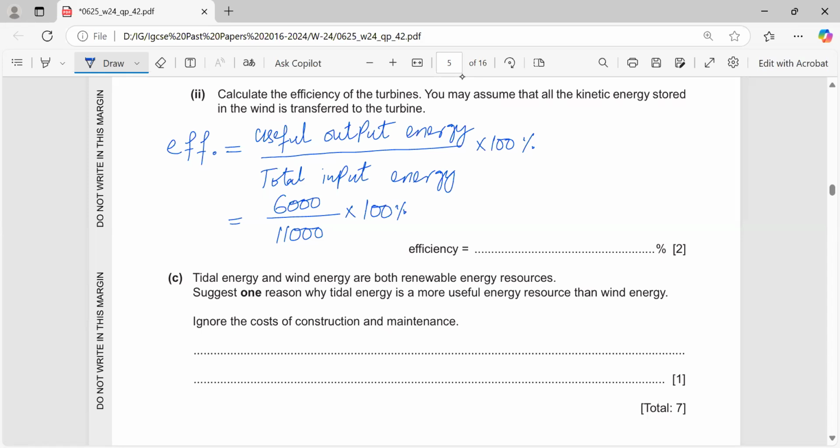So when we calculate 6000 divided by 11,000 times 100, it is 54.5. So we can round it off to 55%.